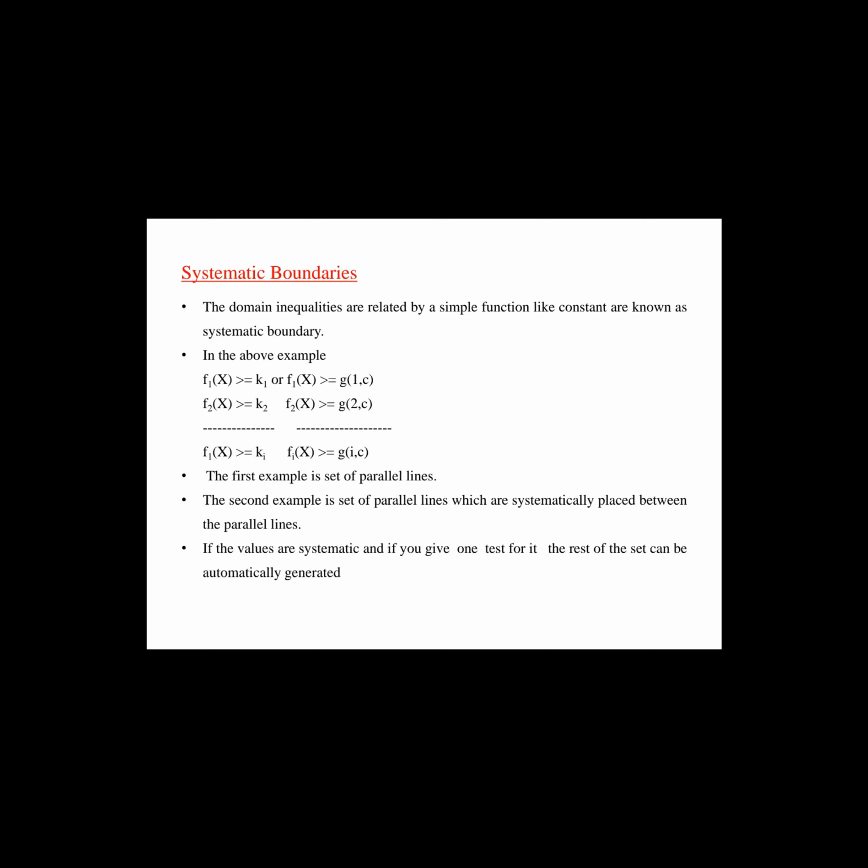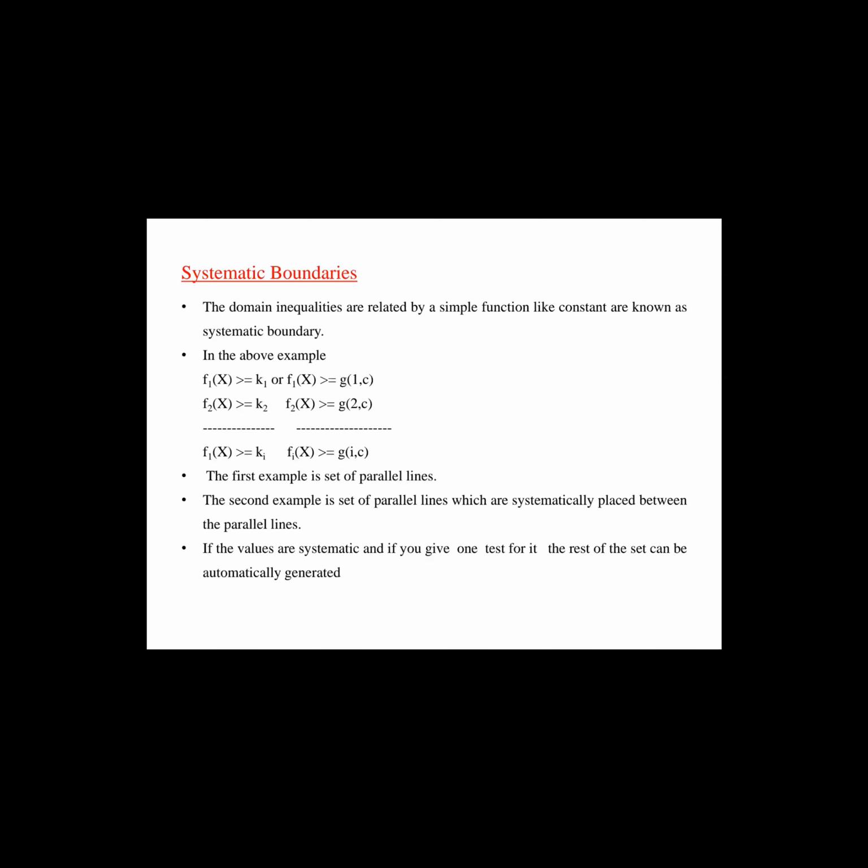See, the first example is a set of parallel lines. For example, f1 of x greater than or equal to k. It can also be represented as f1 of x greater than or equal to g1 of c, where c is a constant. When a parallel line is represented for the first equation, the remaining equations are also generated automatically.